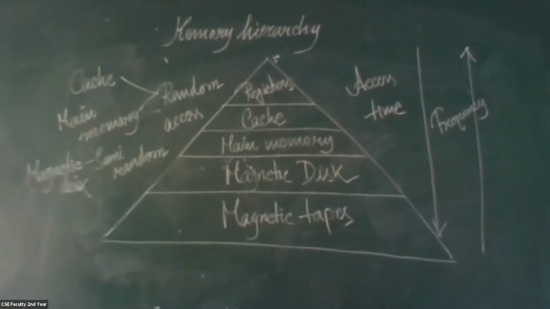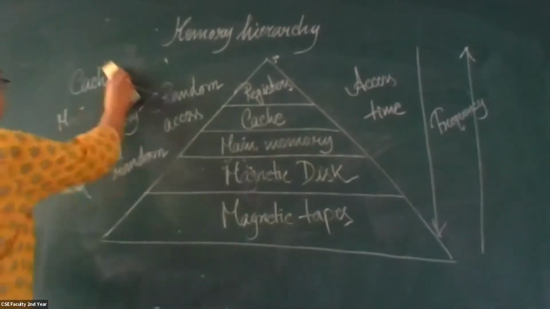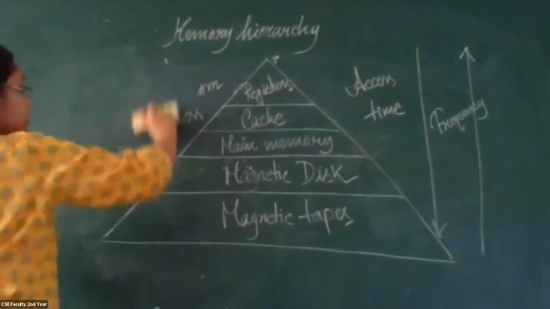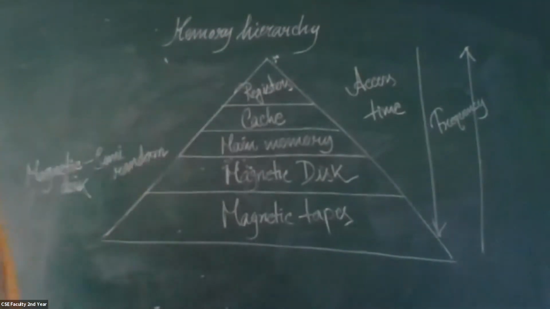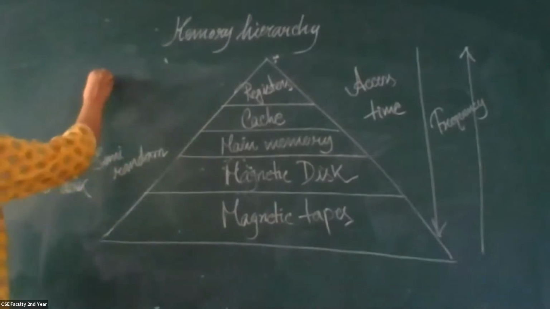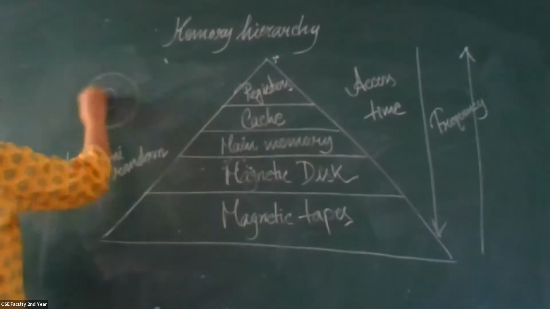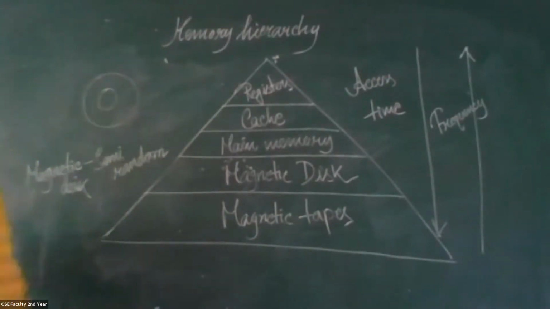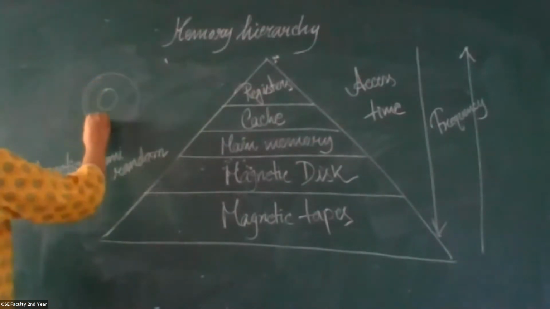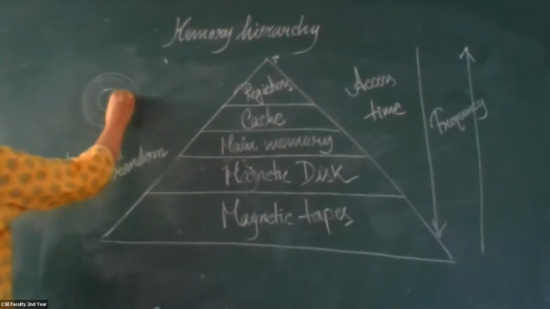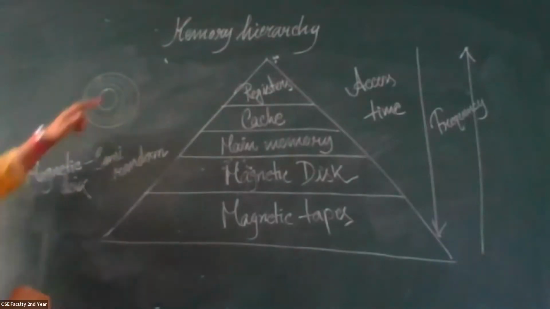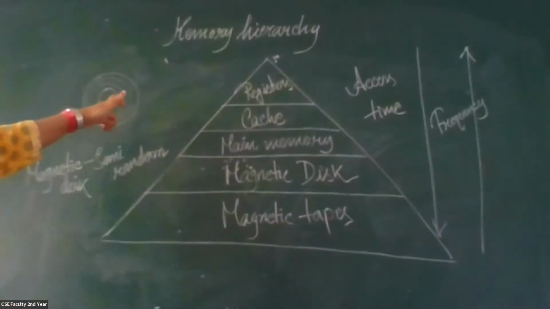Let us see. So if you see a CD, it is like this. Okay. And there are different tracks over here. So one track you can access randomly.